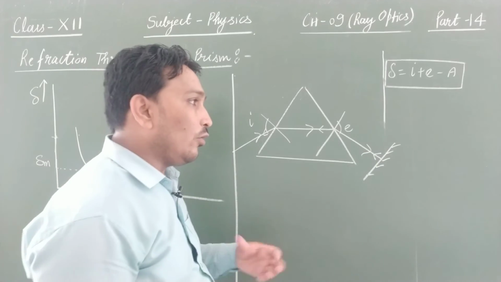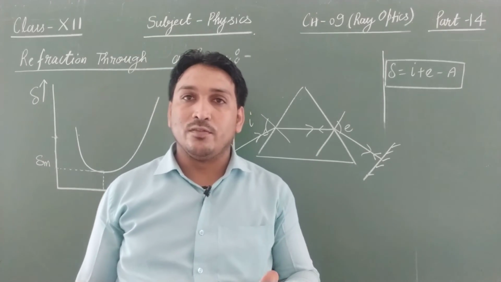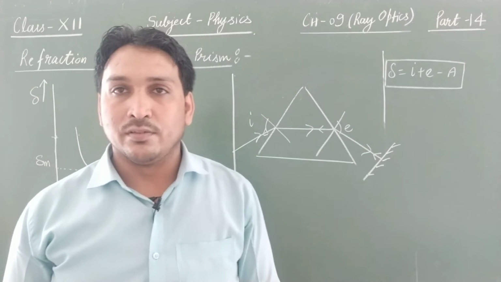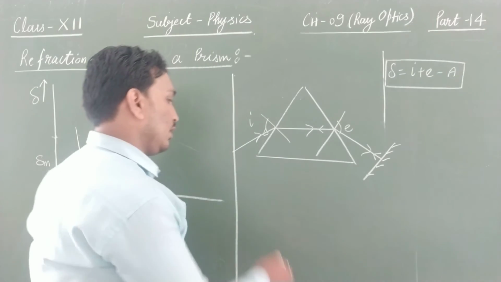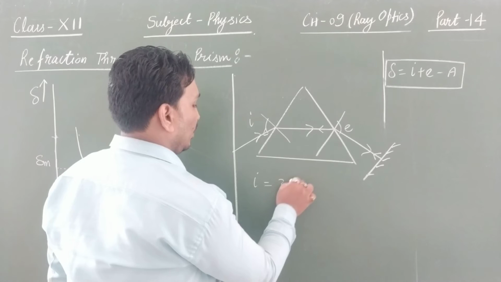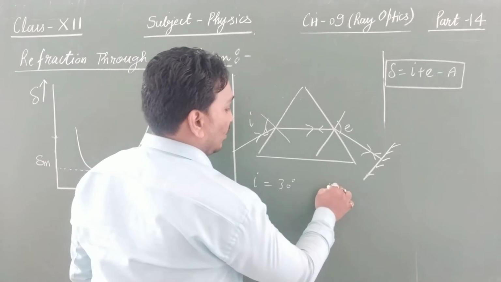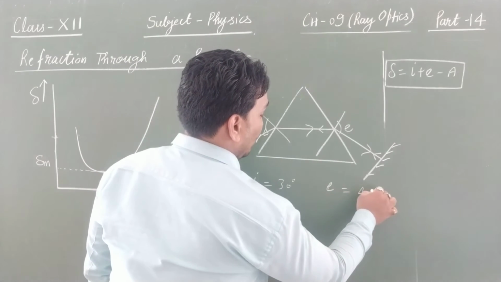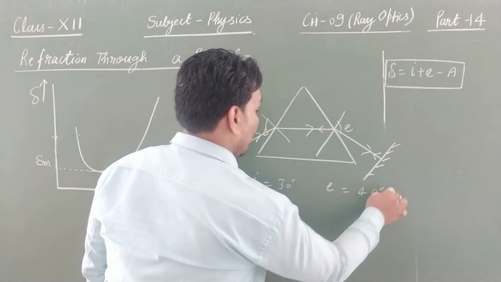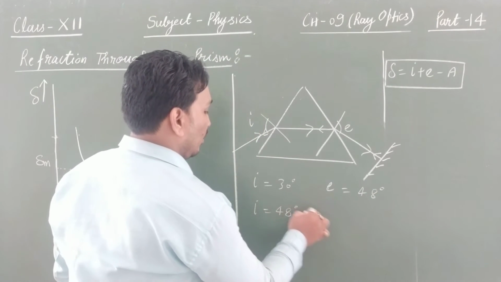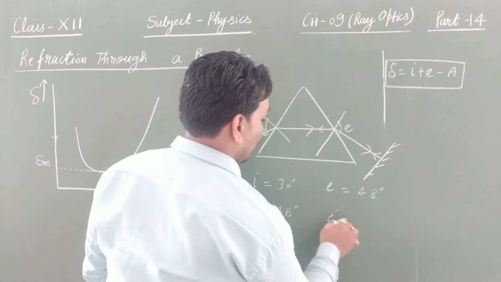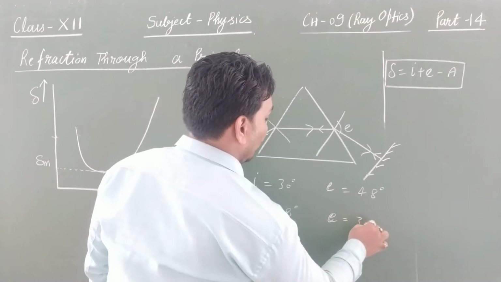So for a particular pair of angle of incidence and angle of emergence, they are interchangeable for the same angle of deviation. Suppose if I is equal to 30 degrees, corresponding to I the angle of emergence comes out to be, suppose, 48 degrees. So if I is 48 degrees, then the angle of emergence will be 30 degrees.